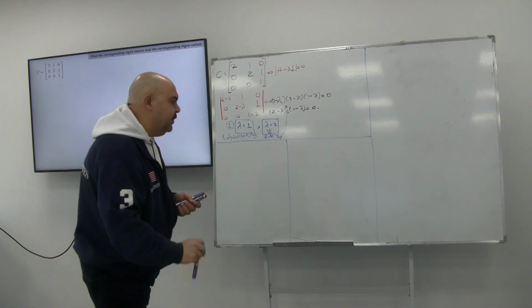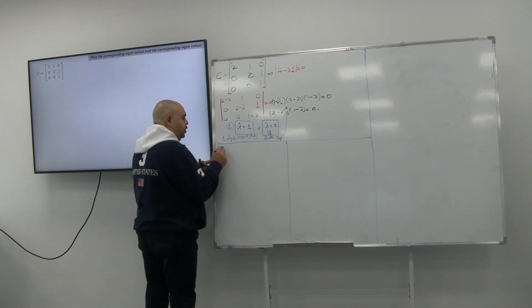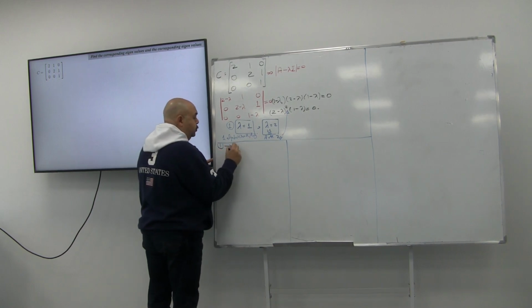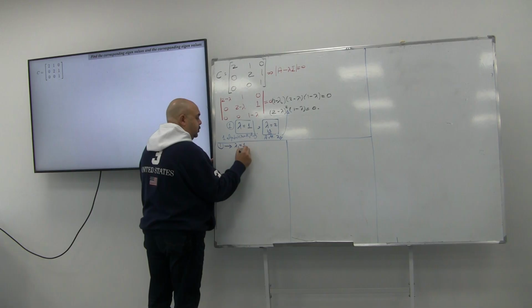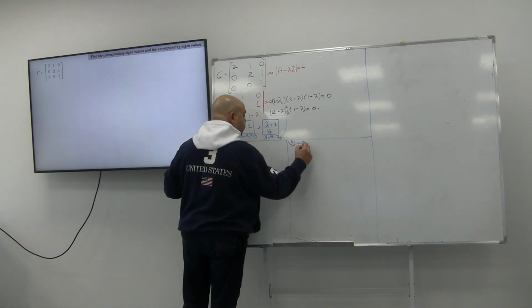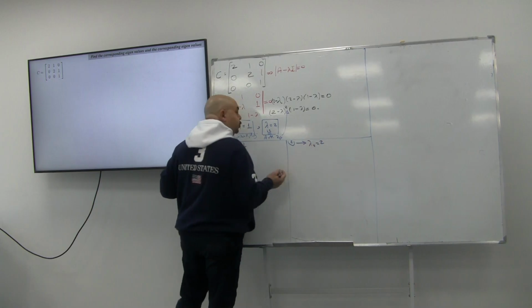The first is to get the first vector, u1, which corresponds to lambda 1 equal to positive 1. Then I will go for u2, the second vector, which corresponds to lambda 2 equal to 2.